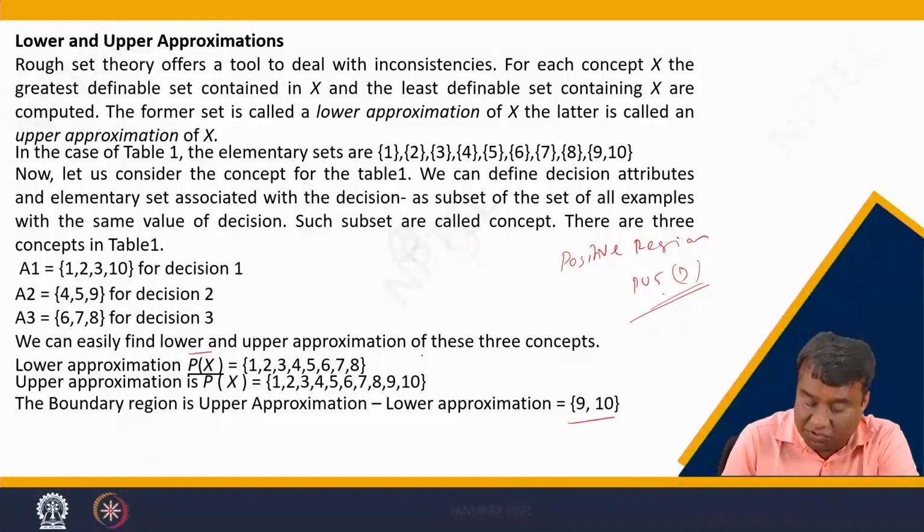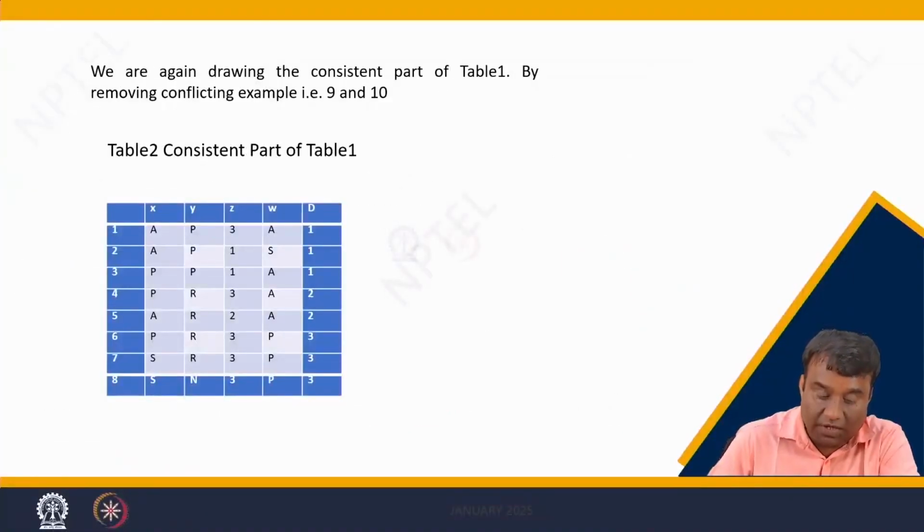You can write the positive region, the set of positive decisions with respect to the attribute A, of U by D with respect to A. This is the upper approximation. So the boundary region is 9 and 10. There is some problem in 9 and 10: all values are the same, but the decision is not the same.